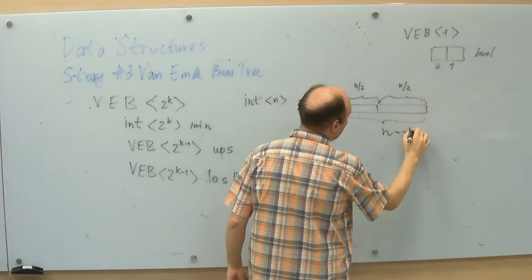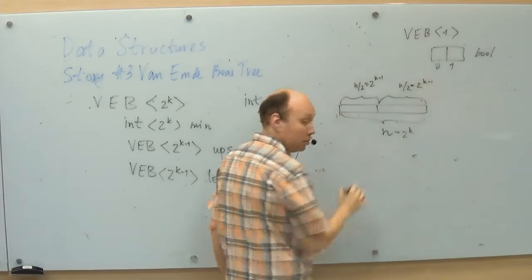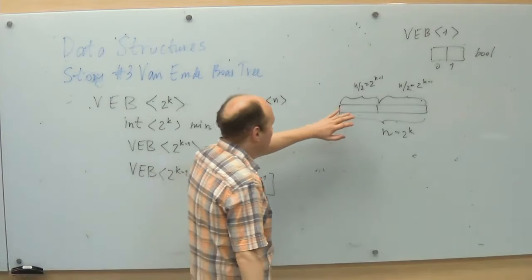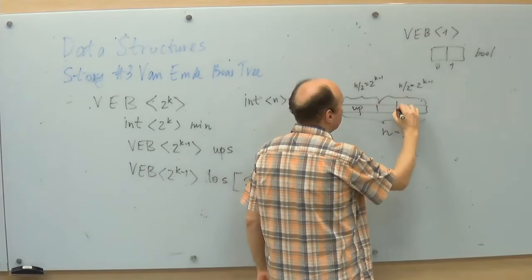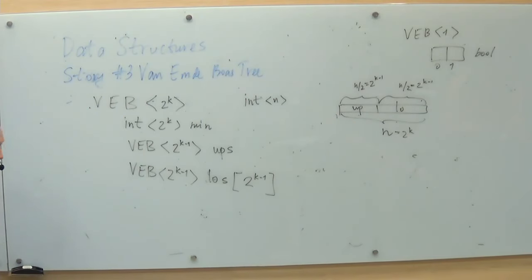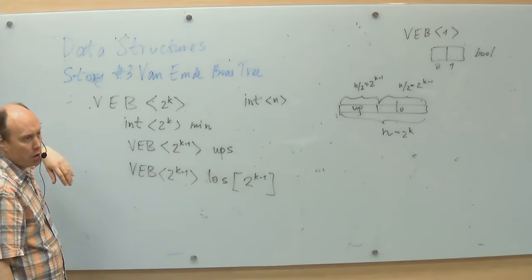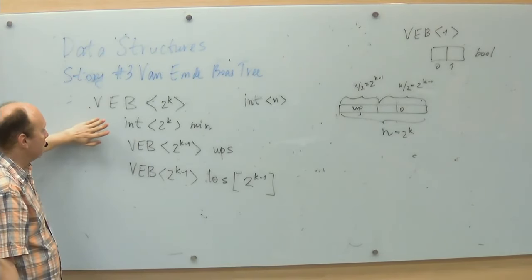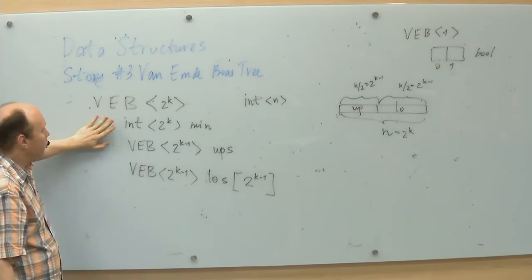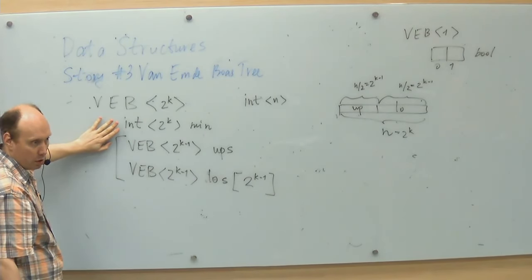N is 2 to the power of k, so n divided by 2 is 2 to the power of k minus 1. This is what we call the upper part, and this is the lower part. The minimum value in the whole tree is stored in a separate, absolutely separate value here. It is not stored in this part, so it is exclusive.